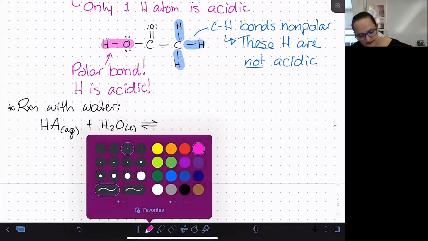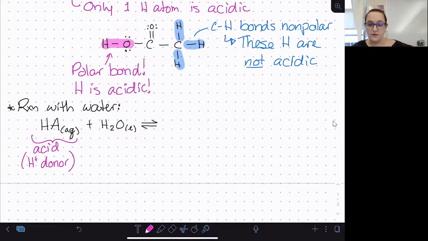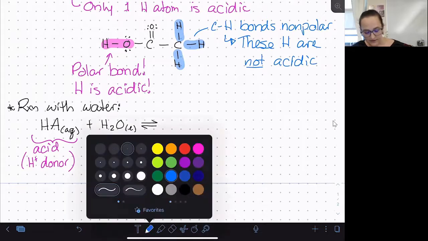And we said that acids are proton donors. So that is going to give up H+, and it's going to give it to any base, and water is capable of functioning as a base. Water can be either an acid or a base, depending on what else is around.